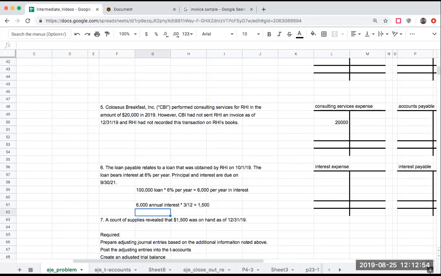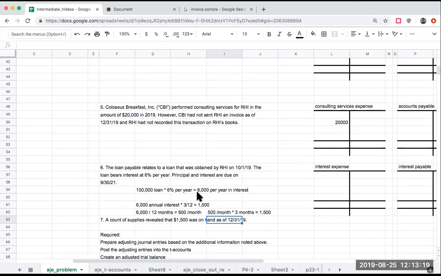The other way we could have done this is we could have also said, well, $6,000 divided by 12 months is equal to $500 per month. If I then take 500 per month times 3 months, I'm going to get 1,500.